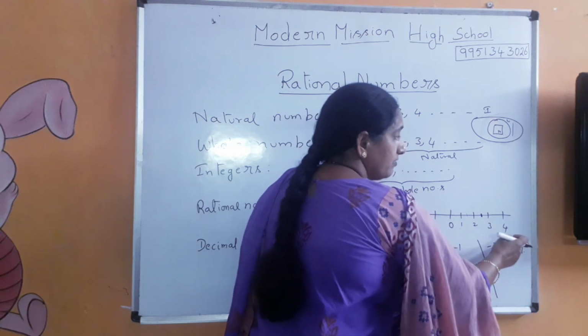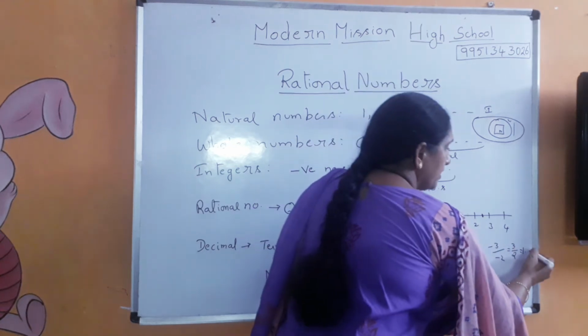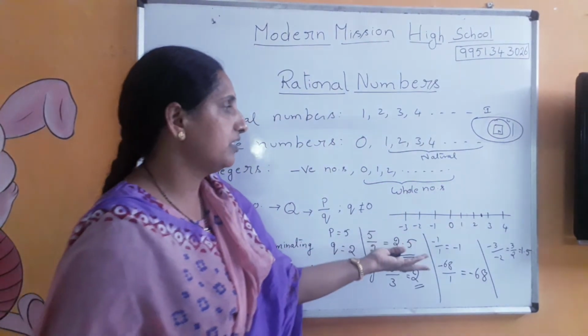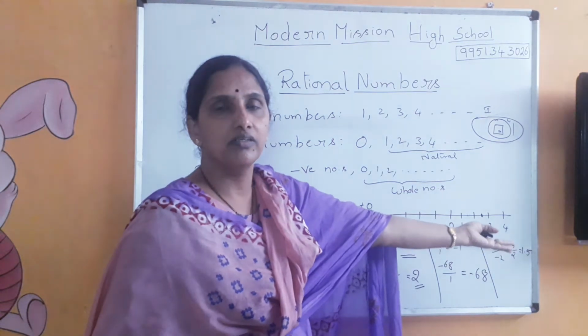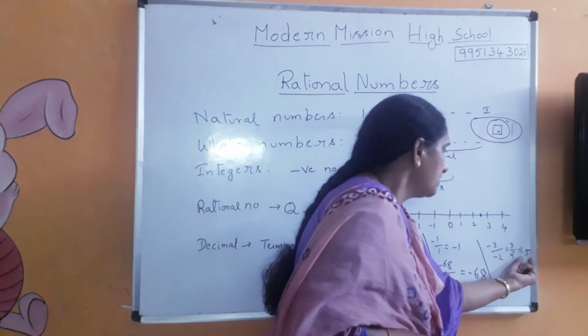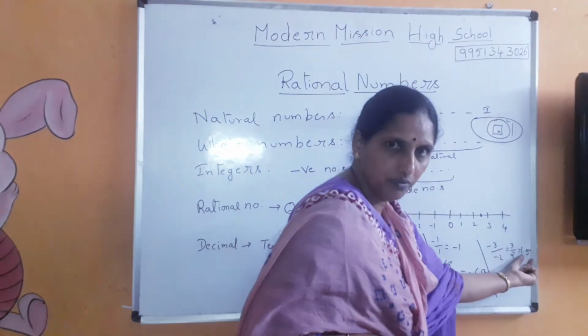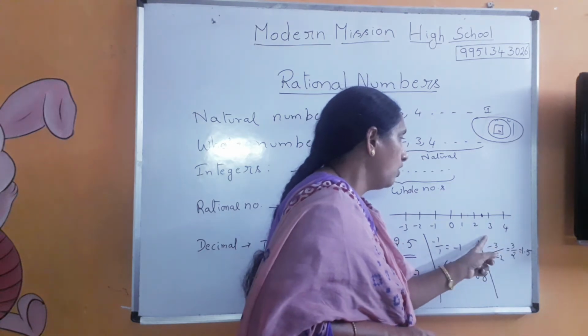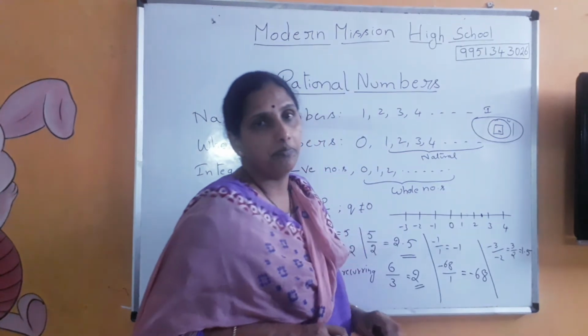Putting the decimal point, it becomes 10. 2 fives are 10. So it is 1.5, which is 1 and a half. Thus this 1.5 is a rational number which can be expressed as 3 by 2 or minus 3 by minus 2.